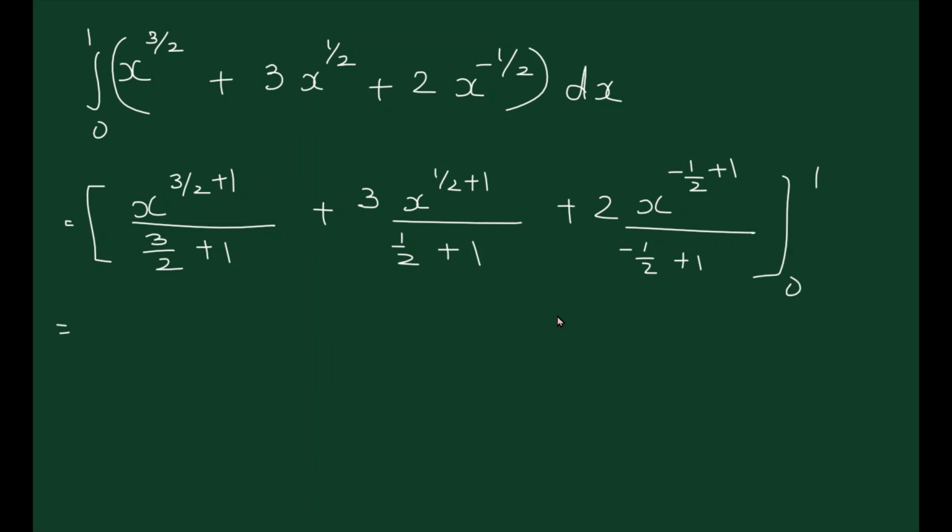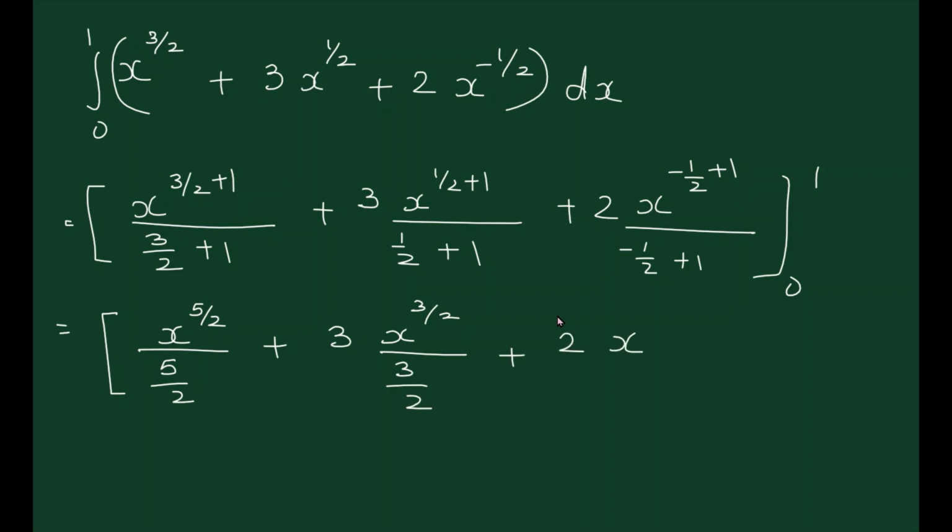Now we modify the answer this way. Now x raised to 3 by 2 plus 1, by cross multiplying we get x raised to 5 by 2 upon 5 by 2, plus 3 x raised to 3 by 2 upon again 3 by 2, and the last case 2x raised to half upon half.